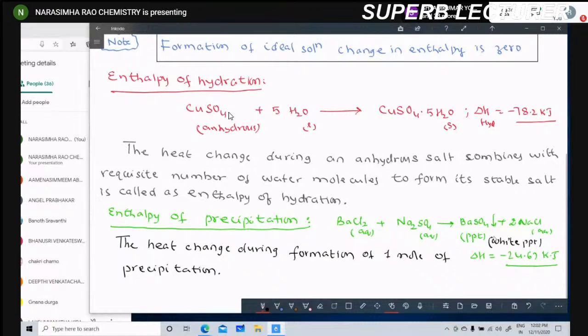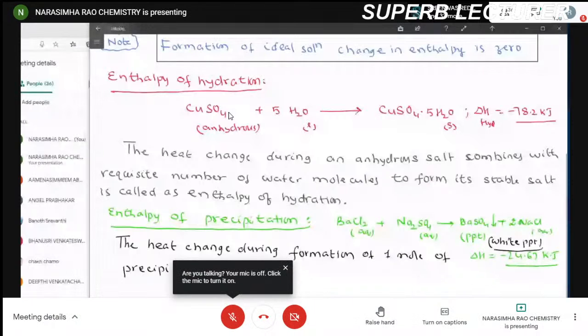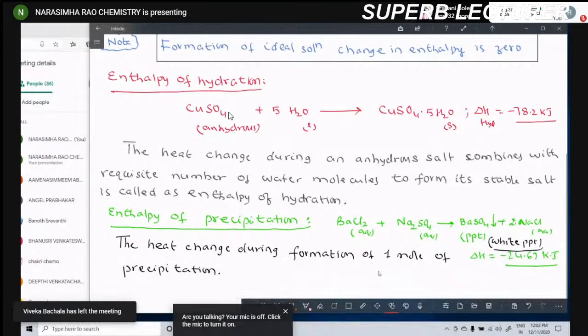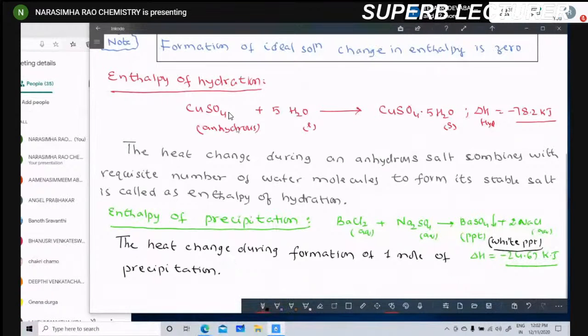White color. White PPT. Already I wrote it here. Right, children. Next, let me discuss another definition for other enthalpies.